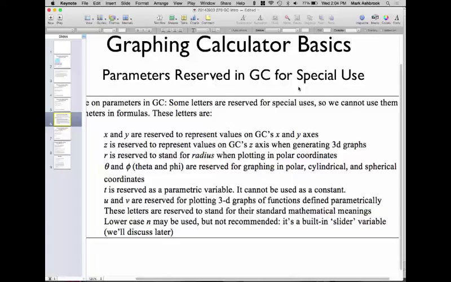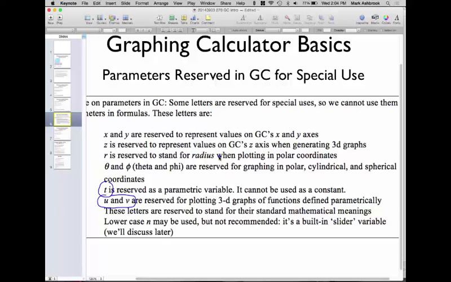You can use uppercase T, that's fine. Also lowercase u and v are reserved for plotting 3D graphs. We won't be using lots of this, but you want to make sure to avoid it. So avoid t, u and v if you're going to use defined variables and parameters.